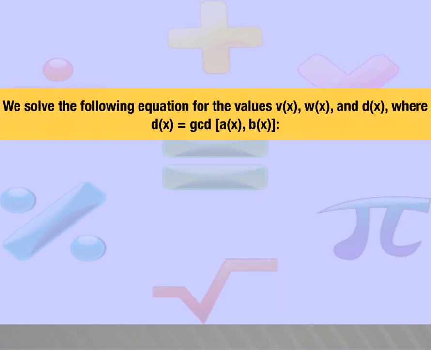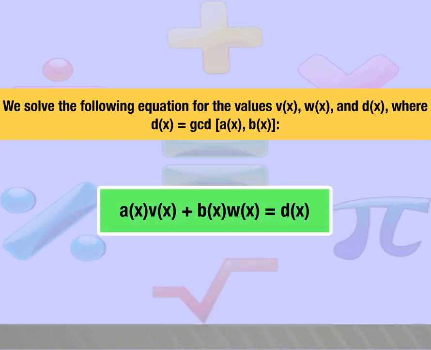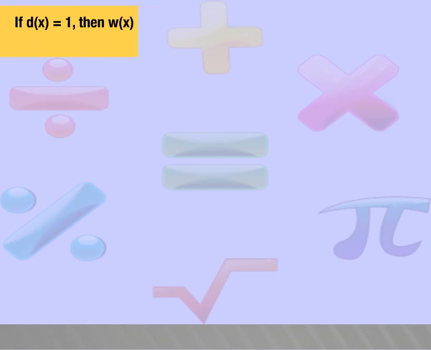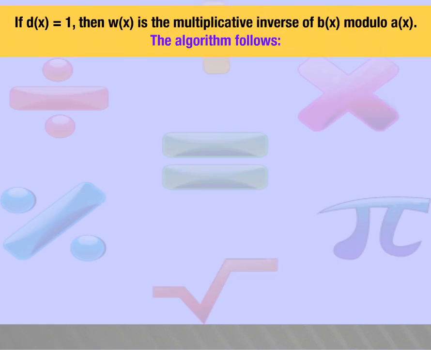We solve the following equation for the values v(x), w(x) and d(x), where d(x) is equal to GCD of a(x), b(x): a(x)v(x) + b(x)w(x) = d(x). If d(x) is equal to 1, then w(x) is a multiplicative inverse of b(x) modulo a(x). The algorithm follows extended Euclid m(x), b(x).